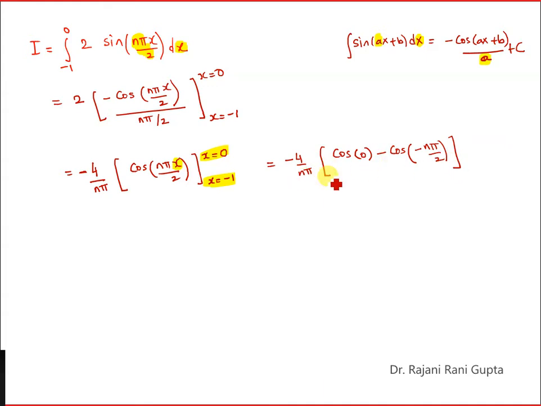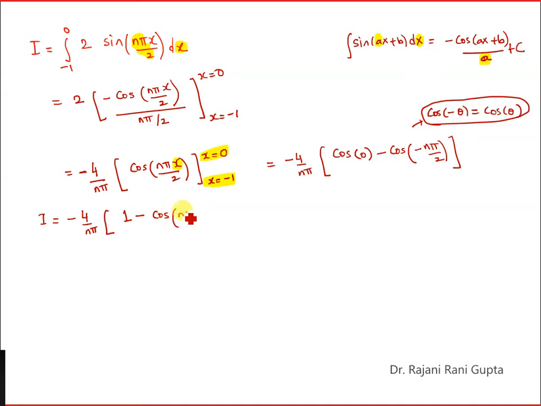Cos of 0 is 1, so we get the first part as minus 4 over n pi times 1 minus, now we don't have the value for this one so we keep this term the same, and as we know cos of minus theta is the same as cos of theta, it absorbs the sign, so we write it as cos n pi by 2. This is the value for the first part.